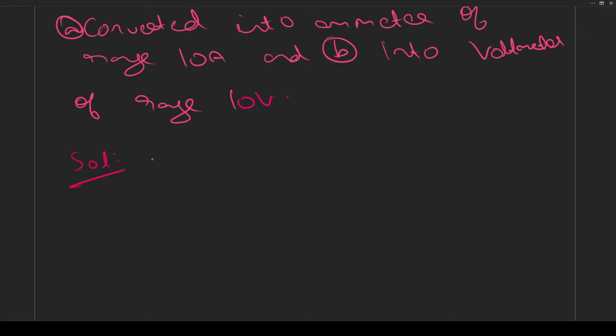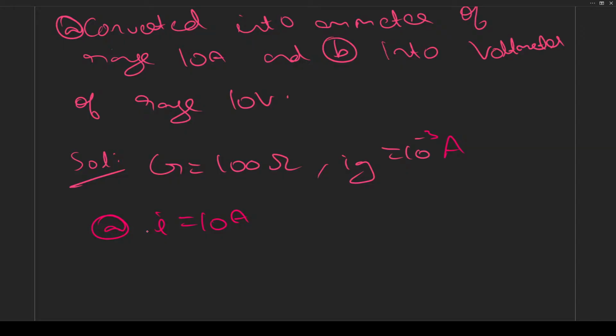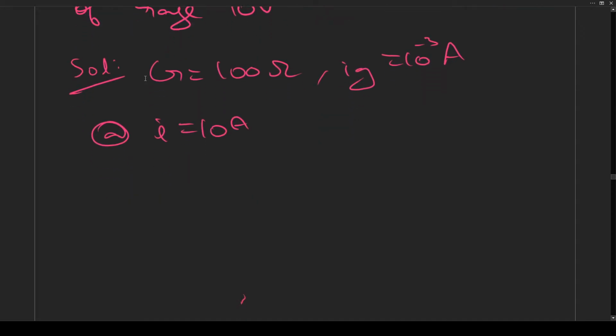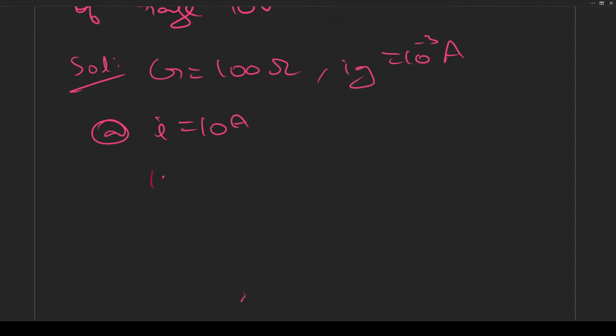Solution: G is equal to 100 ohm, Ig they gave is equal to 10 power minus 3 ampere, 1 milliampere. I is equal to 10 ampere. So if the total current passing through is 10 ampere, there should be only 10 power minus 3 ampere current passing through the galvanometer. So I by Ig, which is 10 by 10 power minus 3, is equal to 10 power 4.